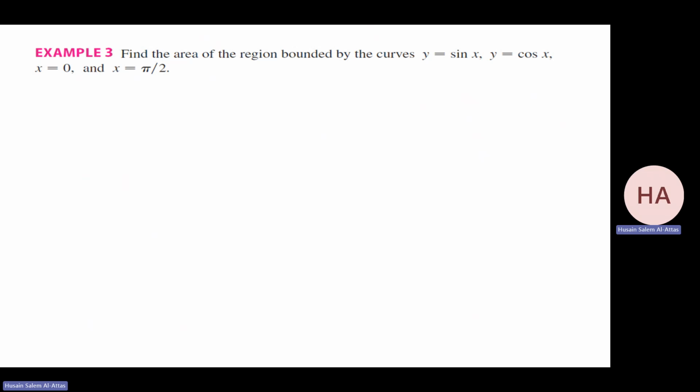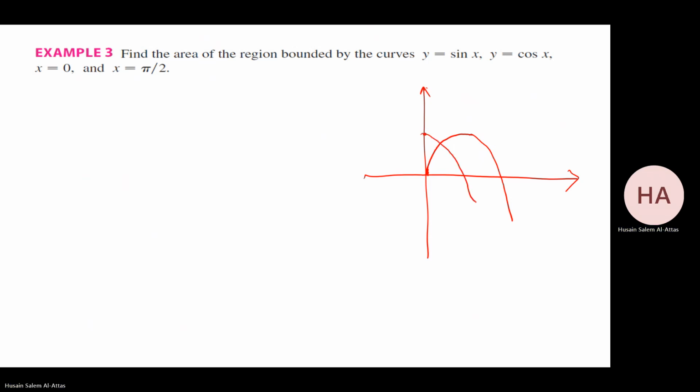Find the area of the region bounded by the curves y equals sine and y equals cosine, which is easy to graph. Be careful about it. This is sine, and this is cosine. Cosine will do something like this.